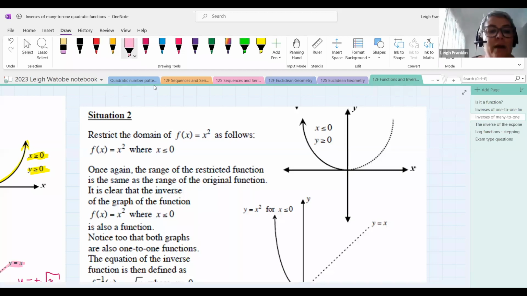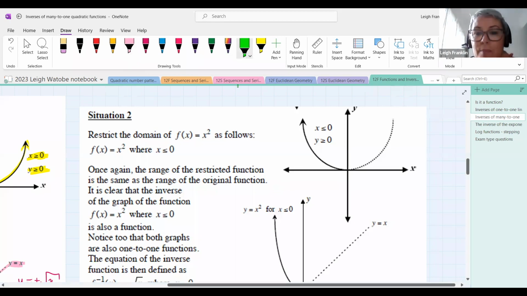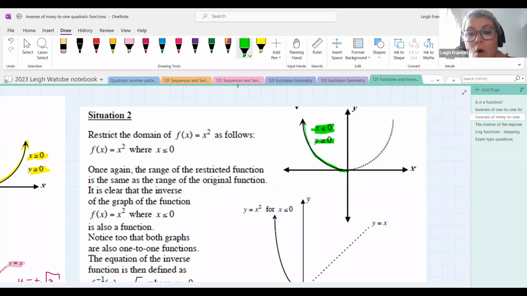So now I'm restricting the domain to where x is smaller than or equal to 0. My original function would be the whole thing, but I'm now looking at this arm of the parabola. Here, x is negative or equal to 0, y is still positive. So I can restrict the domain to where x is negative.